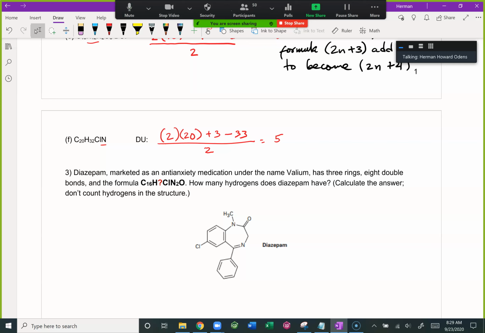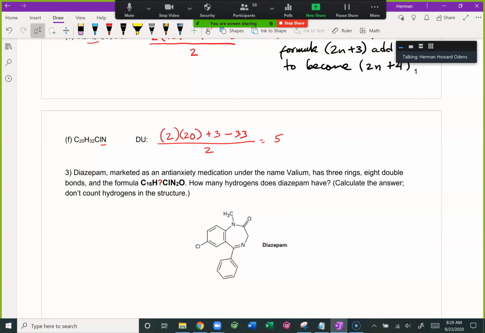So, problem 3 here is a real life application of the importance of knowing the DU so that you can calculate other things in the formula, in this case actually the structural formula. It says diazepam, marketed as an anti-anxiety medication under the name Valium.